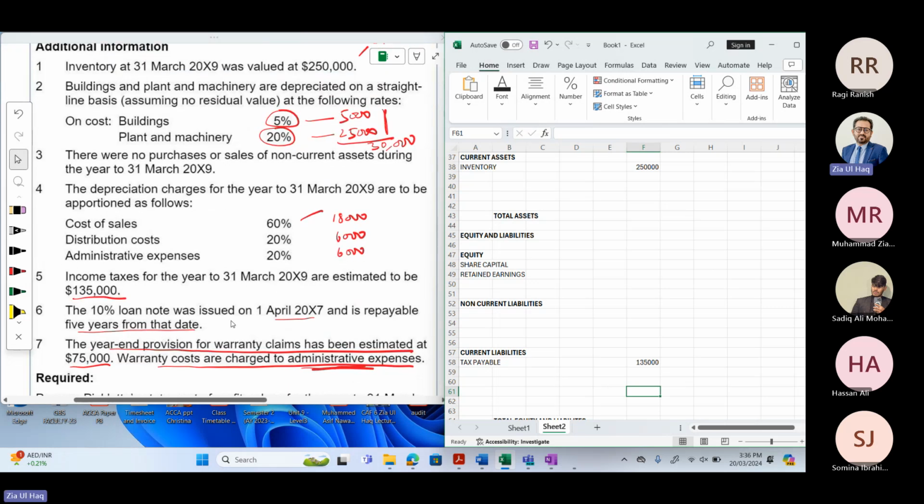The 10% loan note was issued on 1st April 20x7 and is repayable 5 years from that date. That means it is long term. And the year-end provision for warranty claim has been estimated at 75. Warranty costs are charged to admin expenses.